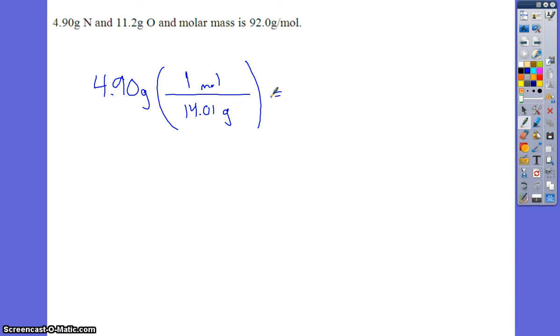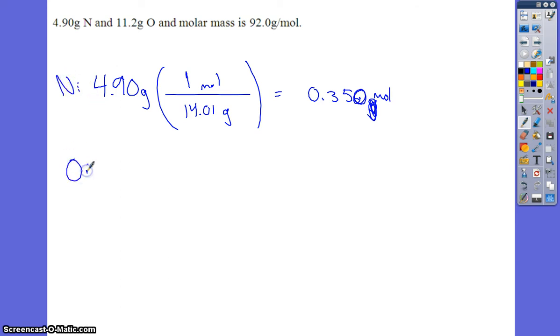So take 4.9 and divide by 14.01. I have 0.350 moles of nitrogen, with 3 significant digits.